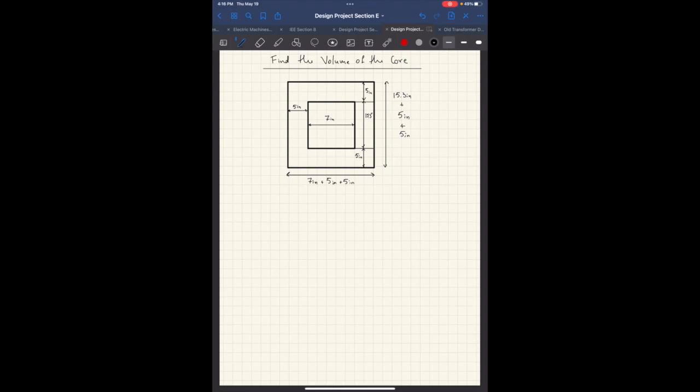To find the volume of the core, in my opinion, the best way to do it is to find the volume of a big chunk like this, and then cut out the volume of the little chunk. So volume is going to be volume of the big guy minus volume of the little guy.